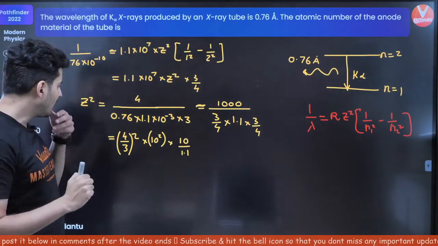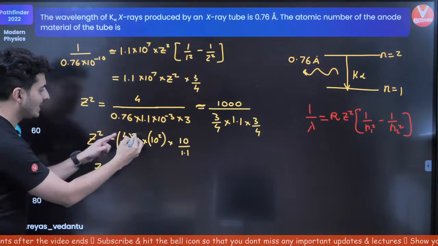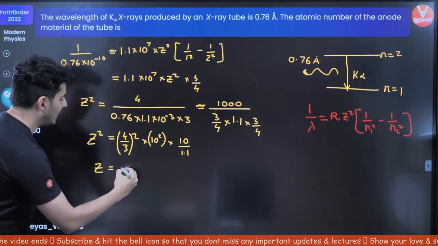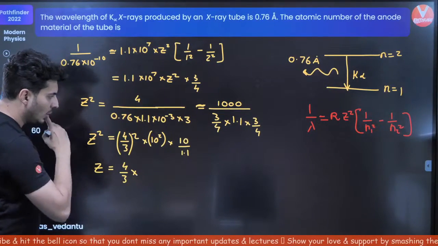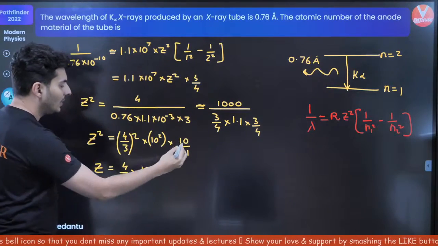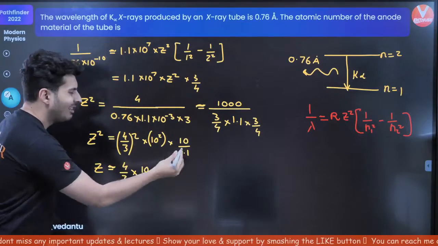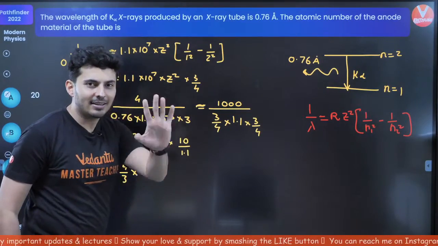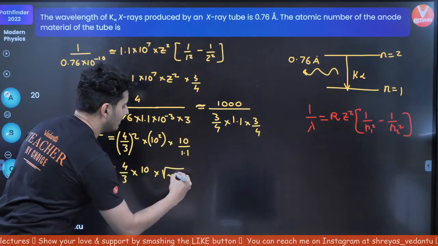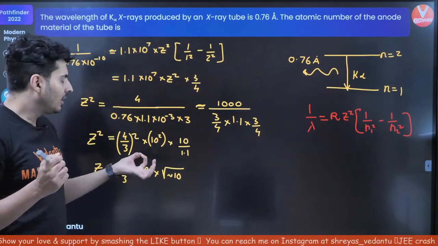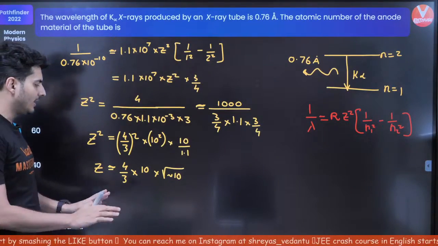0.75. Okay. Now I don't want Z square. I want Z. Because I have put it in square form, Z will be the root of this, which will be 4 by 3 into 10 into 10 by 1.1. Roughly 1.1, you can give or take it as 1. It's fine, right? So roughly, approximately, slightly less than 10, but it's okay. I'm just taking a guess.